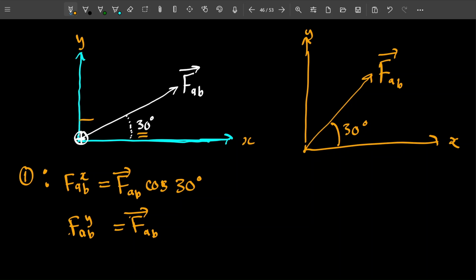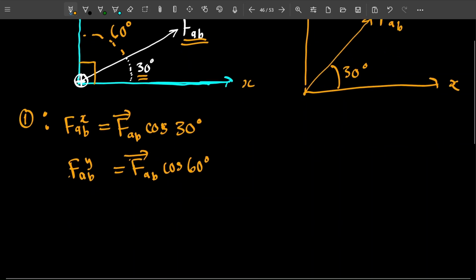Now I know there is 90 degrees between these axes. There is 30 here, so in here it is going to be 90 minus 30, you get 60. So FAB in y is going to be FAB cos 60 degrees, because you take the angle your force makes with the positive y-axis, and you just cos. You would have gotten your answers, and that's how you do it.